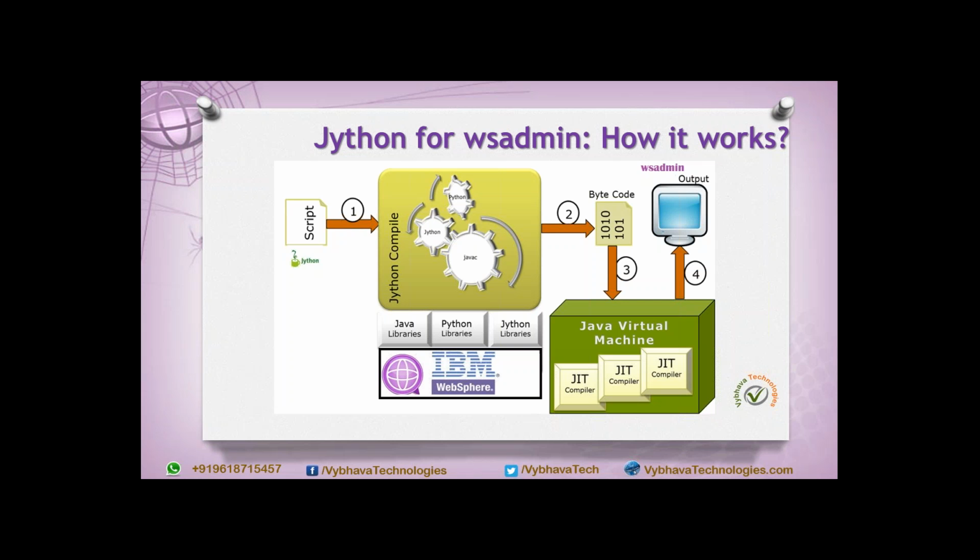So WebSphere related JMX extra Java package libraries are included for compilation of the Jython scripts. wsadmin scripts will be compiled and executed in two phases. In the first phase, it converts all the code into bytecode. Then it runs on the JVM. It requires one JRE, which requires a specific memory space in your RAM, and then it executes using the JIT interpreters. Whenever it is interpreting, it executes one line at a time.